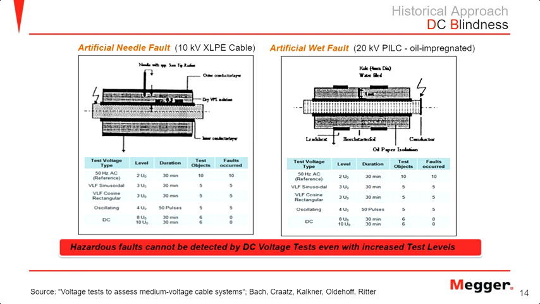So this is the source where the study was conducted. It was a paper written by these gentlemen listed here, and this is what they found out, what happens inside the cable when you're injecting DC, and they reference a couple of different voltage waveforms that they used in this study.